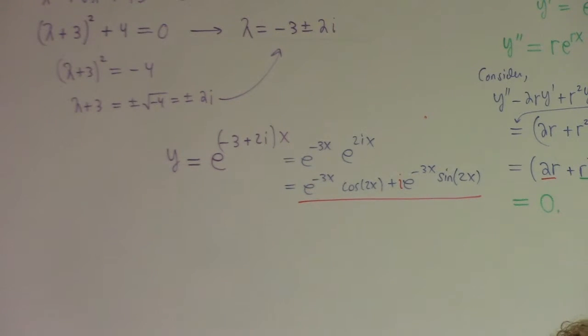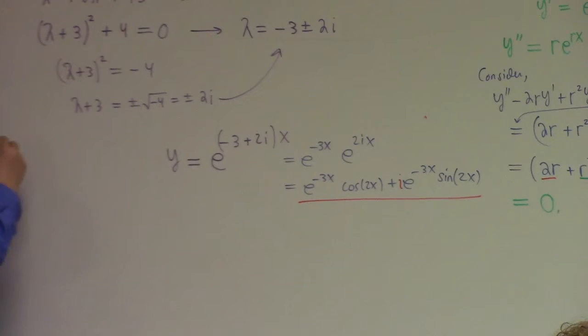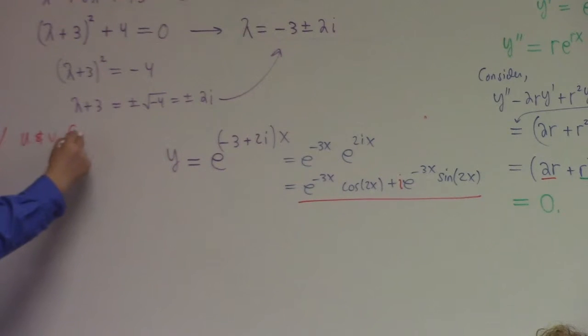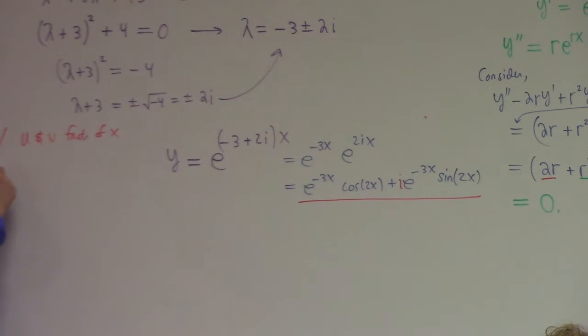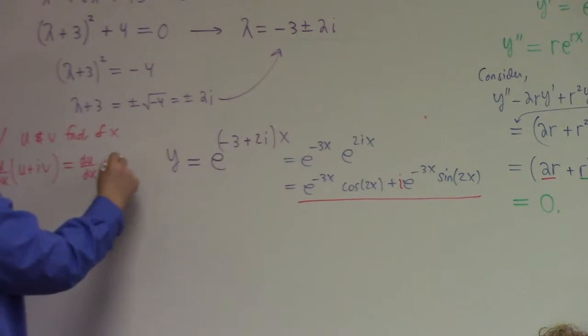So you're like, what are you talking about? Well, here's the definition. If I have u and v functions of x, all right? And if I want to differentiate with respect to x, u plus iv, by definition, the way this works is simply as follows. It's du dx plus i times dv dx.